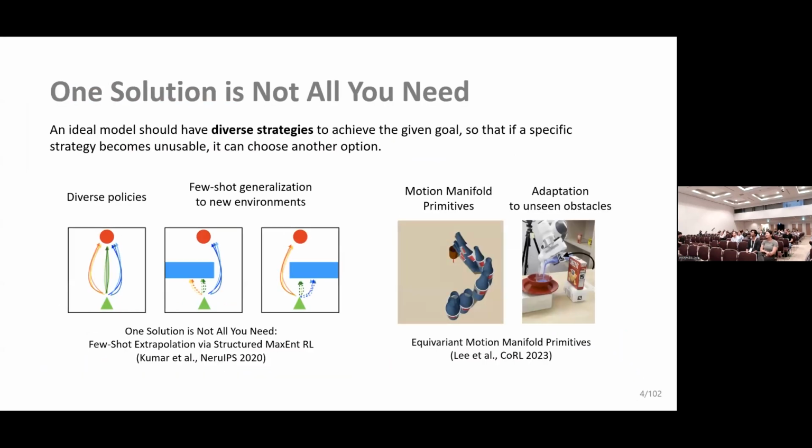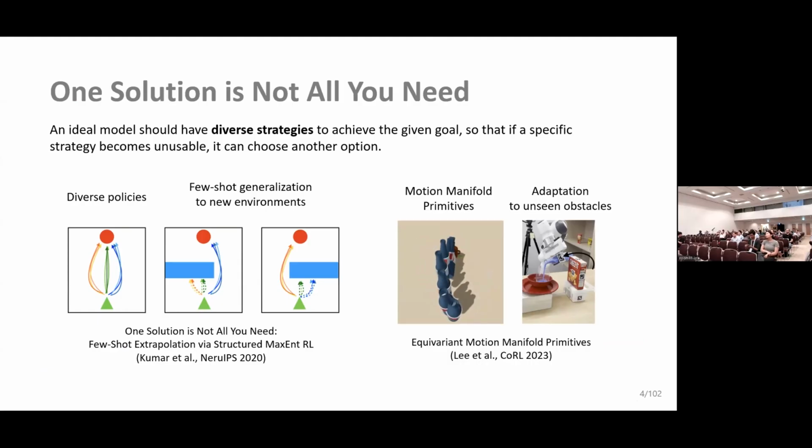All right, I would like to start by emphasizing that learning a single solution or strategy is not sufficient. The two recent works shown in the slide philosophically argue the same point. An ideal model should have diverse strategies to achieve the given goal, so that if a specific strategy or trajectory becomes unusable, for example, blocked by unforeseen obstacles or environmental changes, we can choose another option.